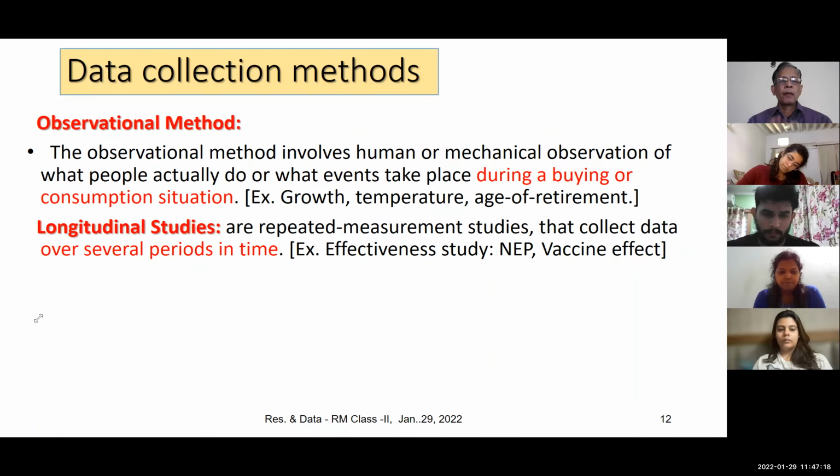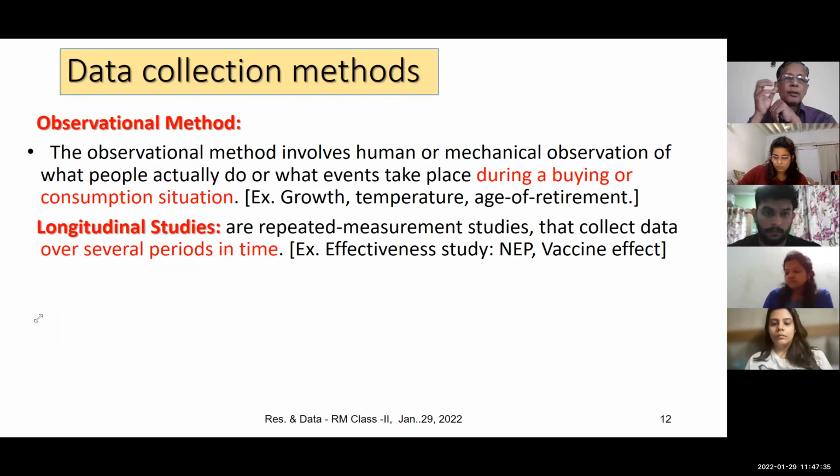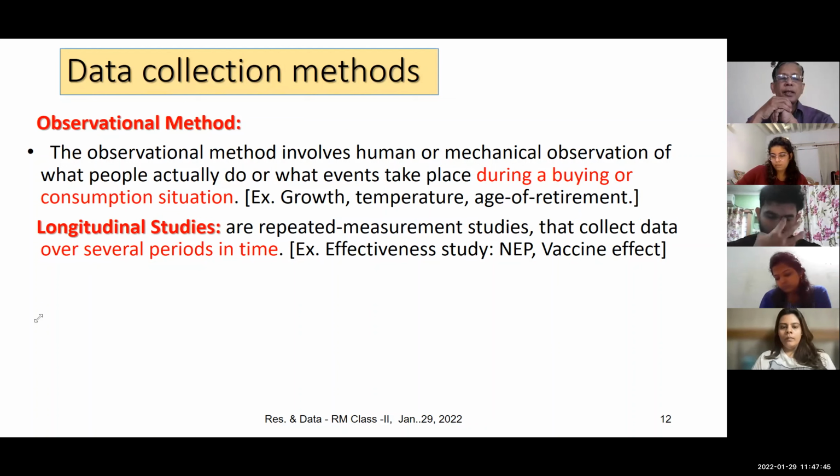For example, the effectiveness of fertilizer on the growth of any crop, or you are giving some fish feed and observing the growth of fish by their weight. You cannot put in the feed and take the weight then and there. You have to wait for weeks to see what impact it is making. So it needs some longitudinal study.